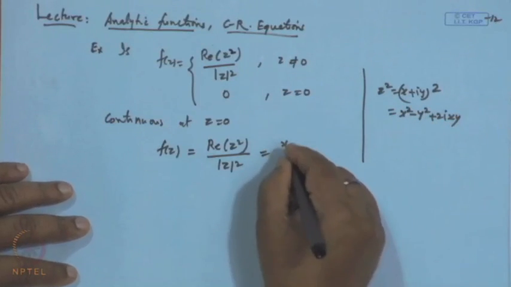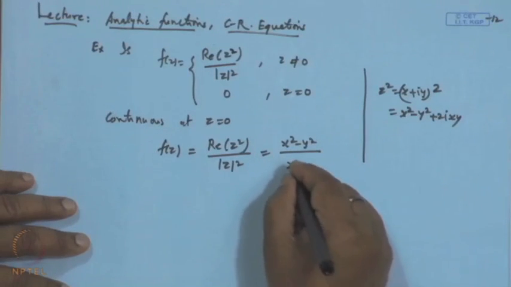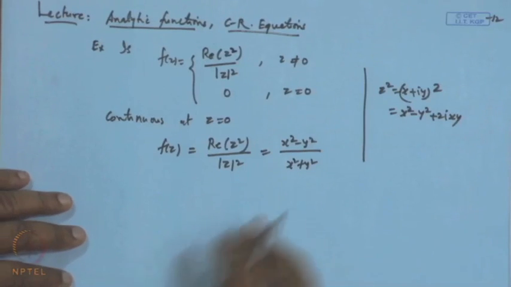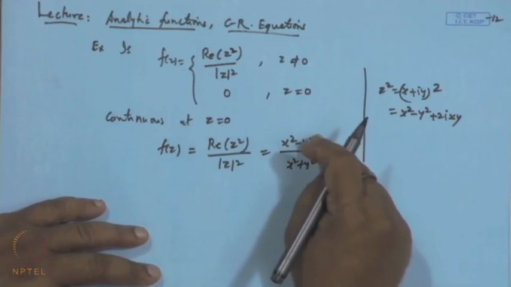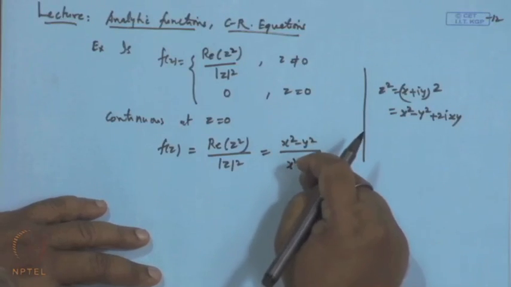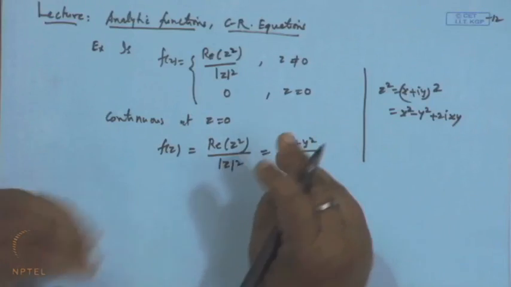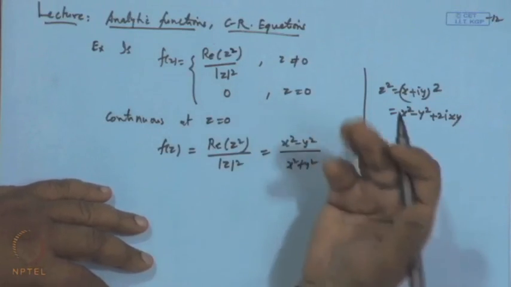So the real part is x square minus y square, over mod z square, which is x square plus y square. Normally, when we have a function in rational form and the degree of the numerator and denominator is the same, the limit may not exist. That gives a clue: the limit of this function may not exist, so the function may not be continuous.